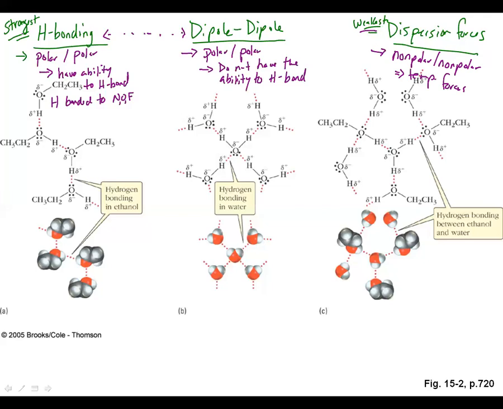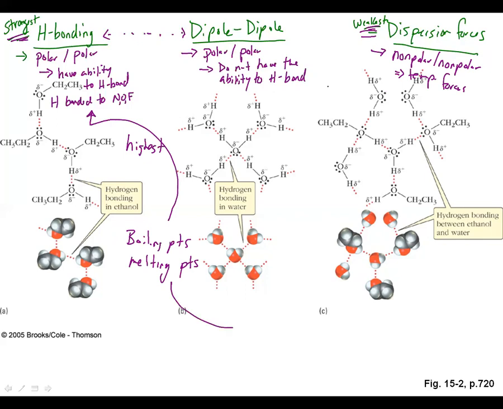When we talk about things like boiling points and melting points, those that have the ability to hydrogen bond will have the highest. Those that are your dispersion forces will have the lowest. And your dipole-dipole will fall in between.